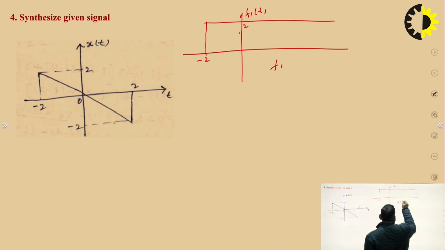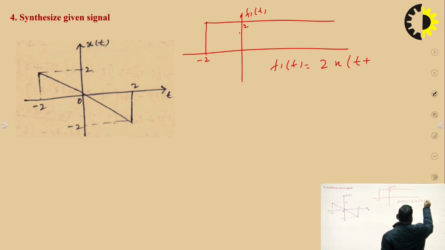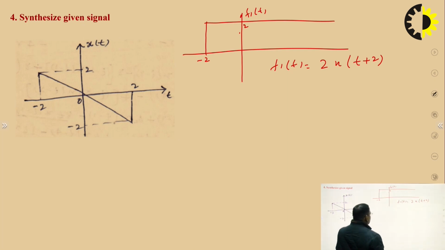This is f1(t) equal to, so it is an advanced unit step, 2u(t+2). So this is the equation of this line. But we can see that at t is equal to minus 2, the line is decreasing.